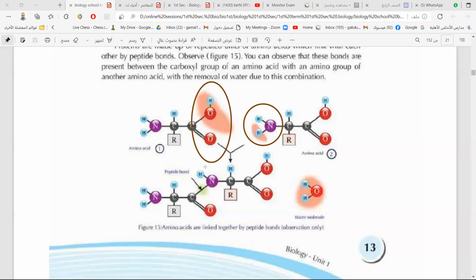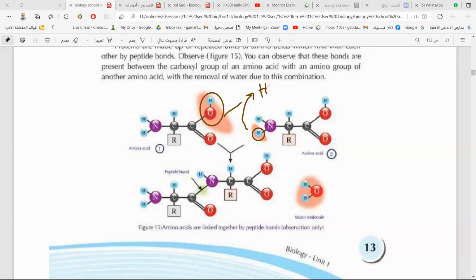How can we make a dipeptide molecule? By removing water, that is, removing two hydrogen atoms and one oxygen atom. How? We remove one hydrogen from the amino group of one amino acid, and we remove the hydroxide group OH from the other amino acid. So they make one water molecule, H2O.